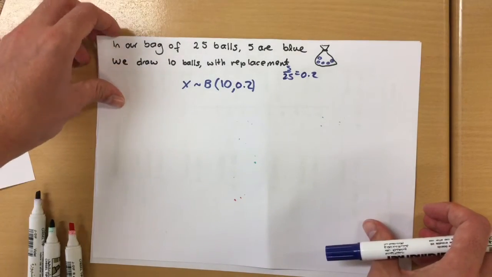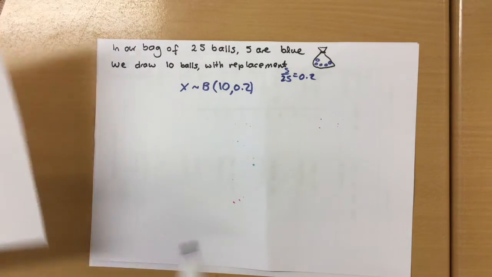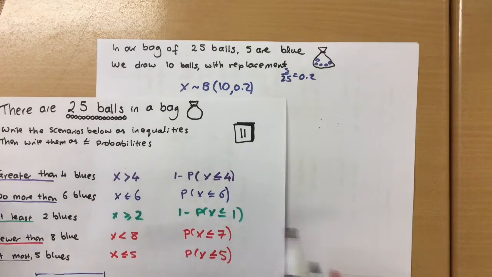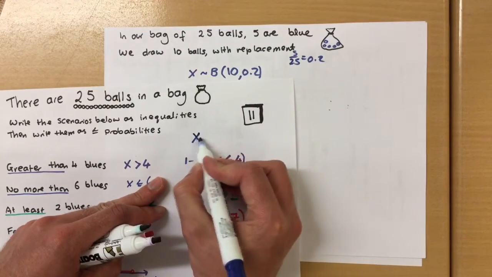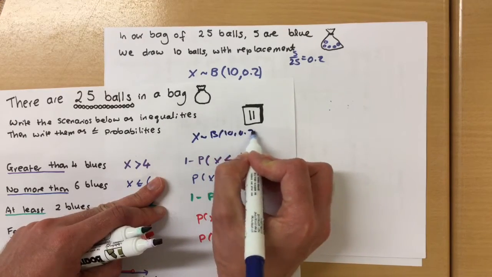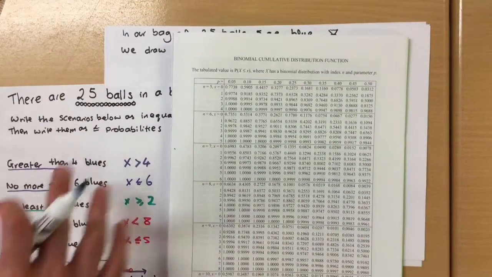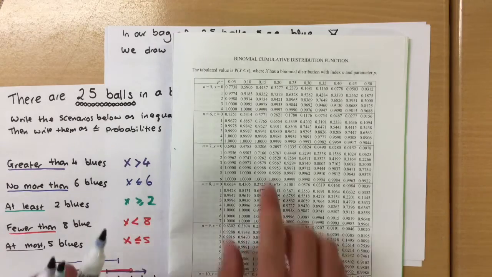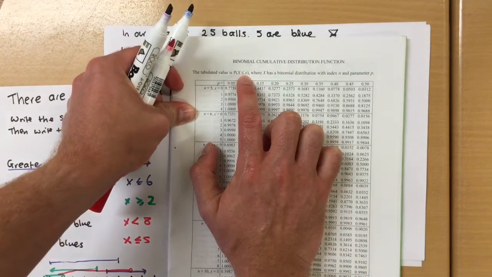Right, what we can do now is use our table to work out all of these probabilities in this scenario. We've used this table before, or a similar table in S1 for the normal distribution. The trick with this table is, if you look up here, the table shows less than or equal to values.